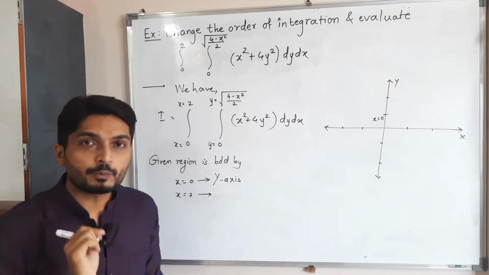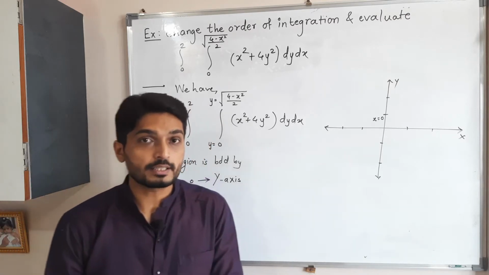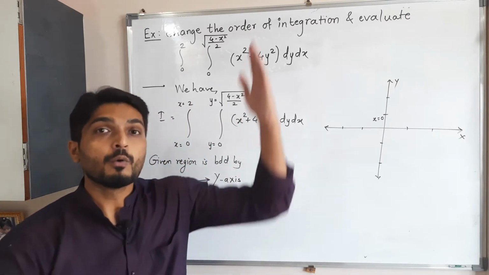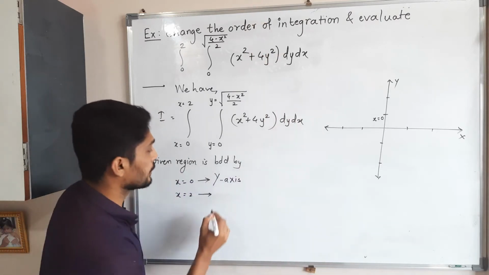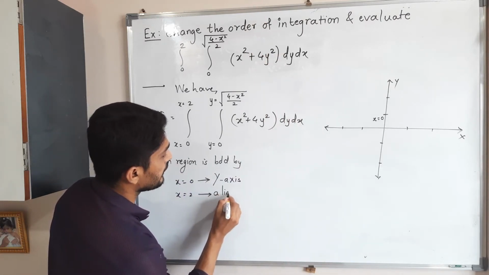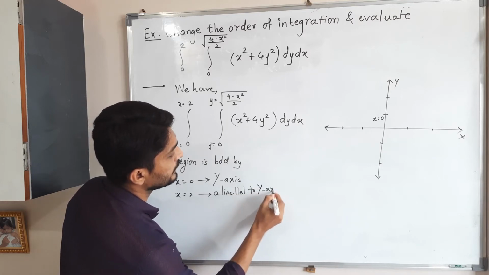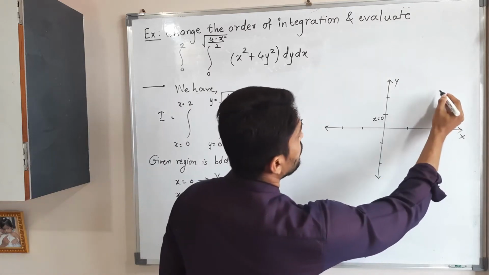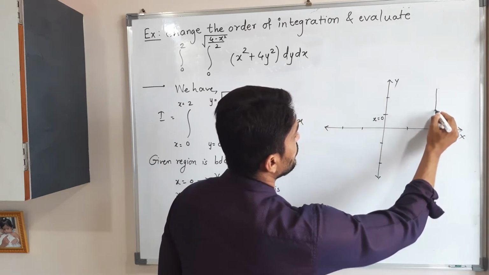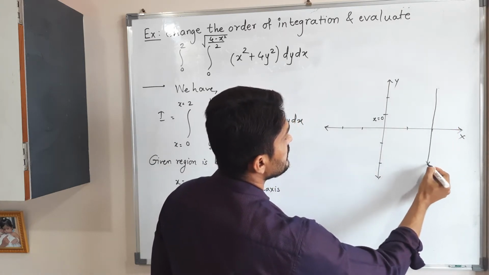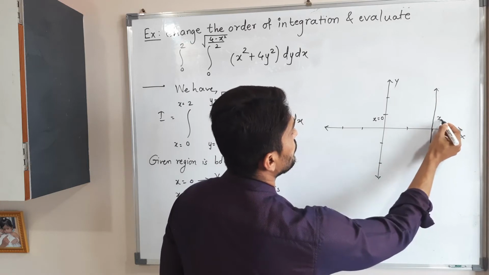Do you know x is equal to 2 means the equation of a line? It is a line parallel to the y-axis and passes through x is equal to 2. I will show that line here. So this is the given line, x is equal to 2, right?